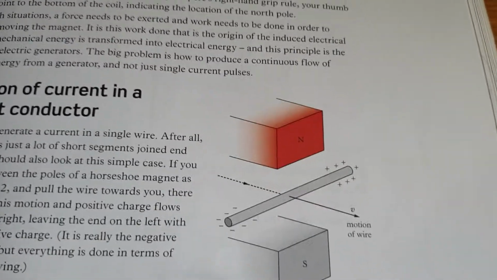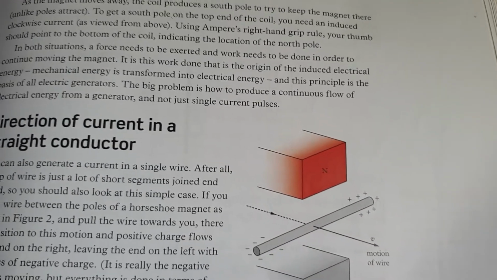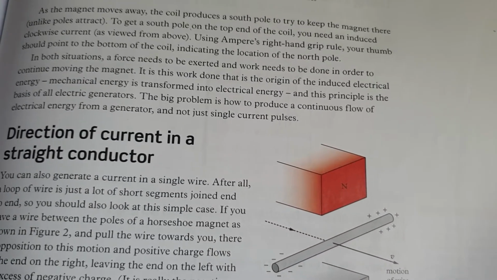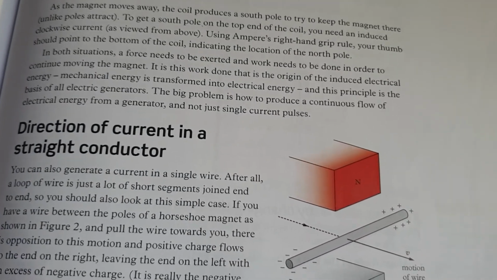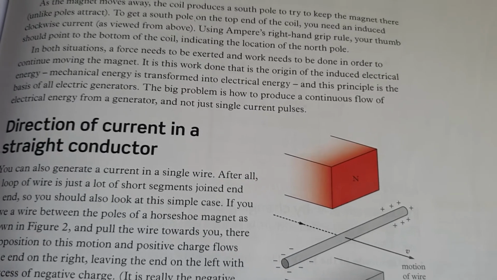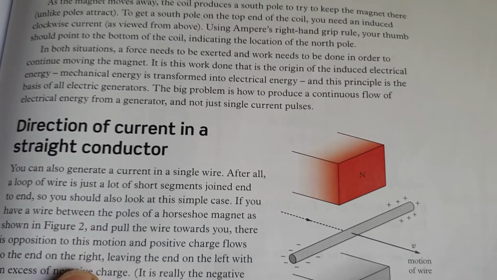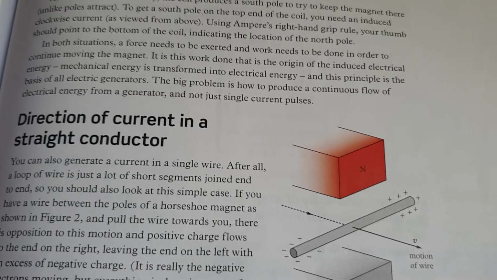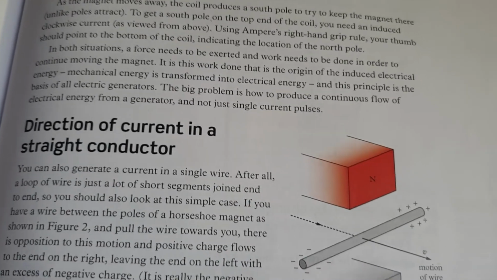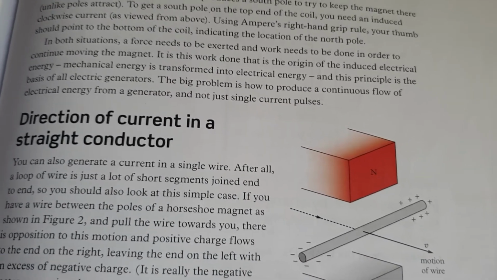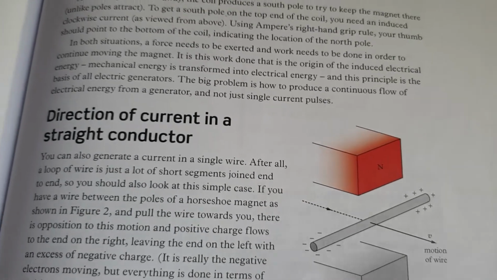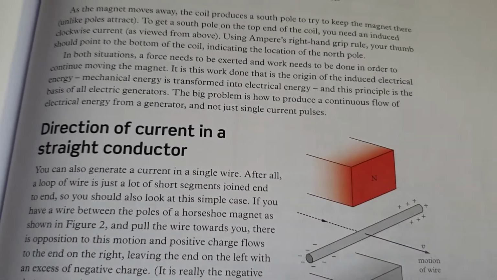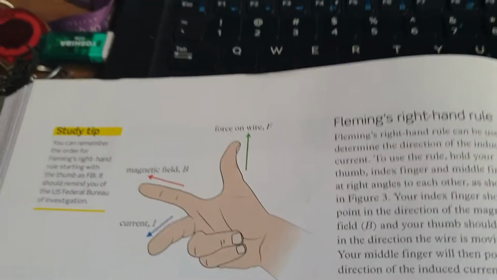There's an example here where they're moving a wire in a magnetic field to induce a current. Now remember, the conventional thinking was that the positive charges moved, so it talks about that here. But we know now that it's the negative charges that move. But when we're talking about the direction of current, we're looking at the direction from the positive round to the negative, right? Conventional current.